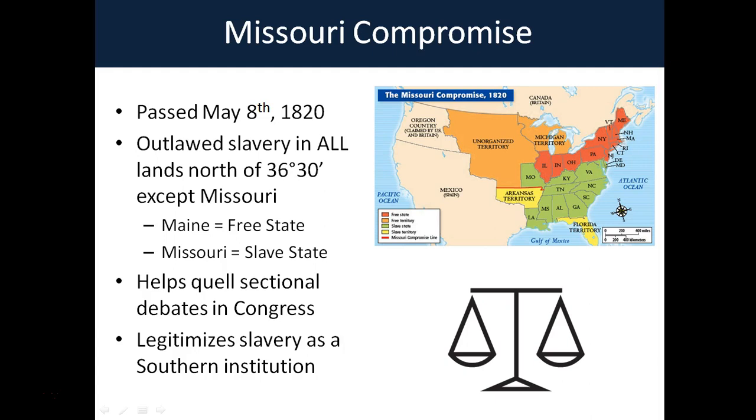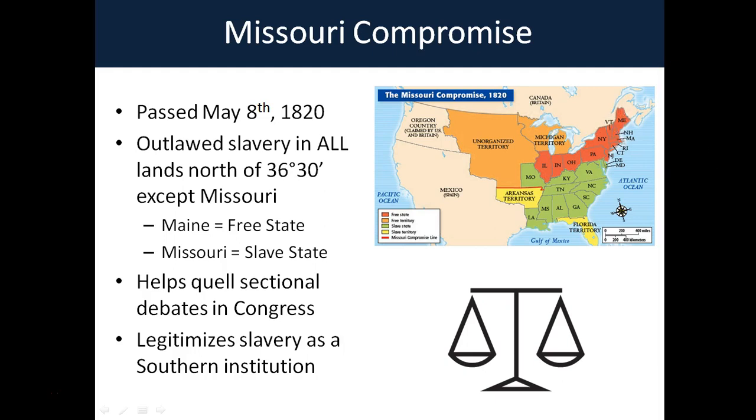Now, the two main aspects of the compromise itself were that it focused on making sure that the slave states versus the free states were even. The country itself was fighting politically, trying to keep that division equal. And this compromise did so. You have Missouri here entering as a slave state, with Maine entering as free.